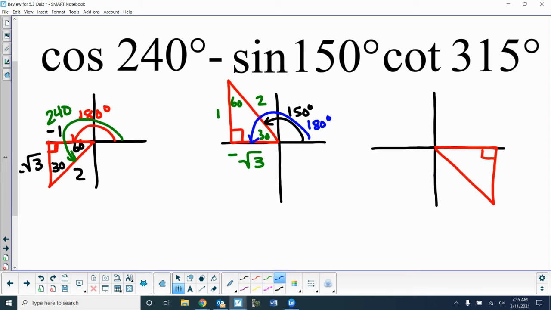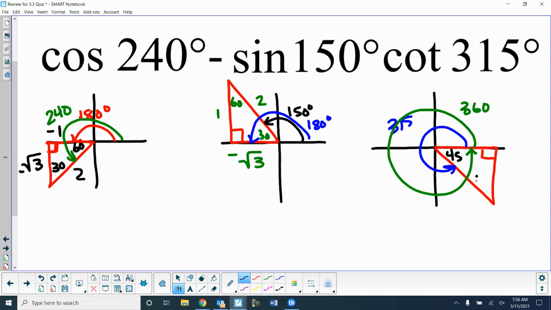From here to there is 315, and all the way around is 360. I go 360 minus 315 to get that angle measure, which is 45. So it's not a 30-60, it's a 45.